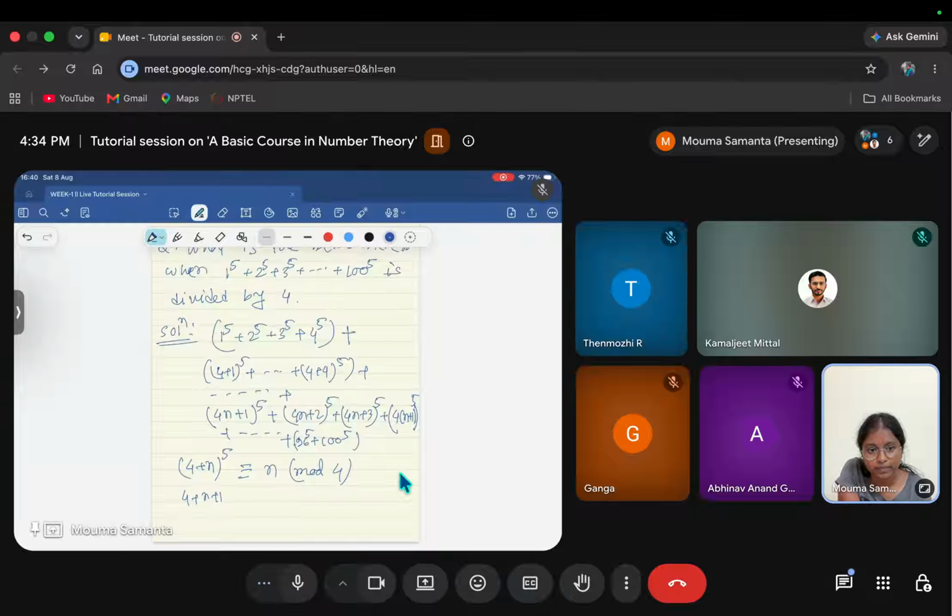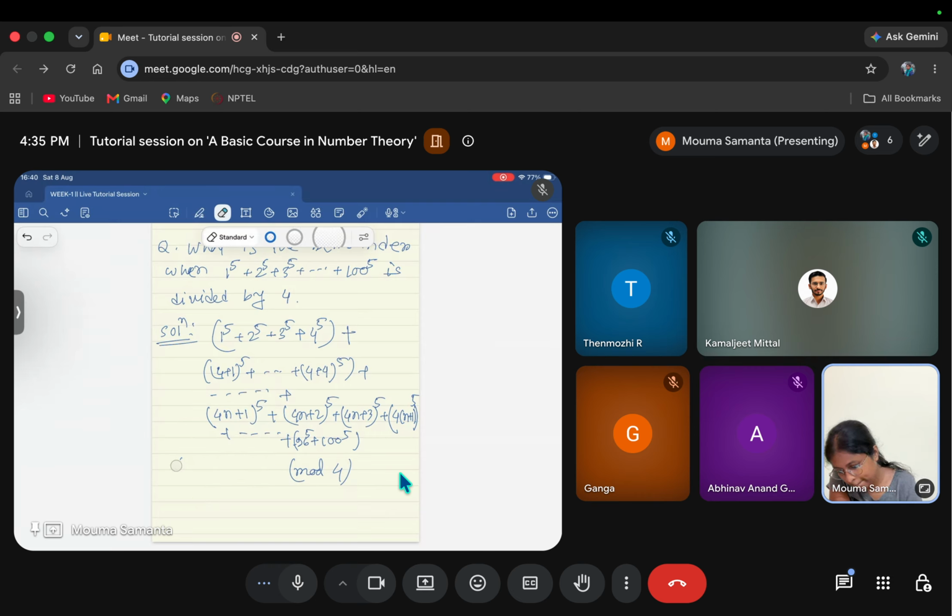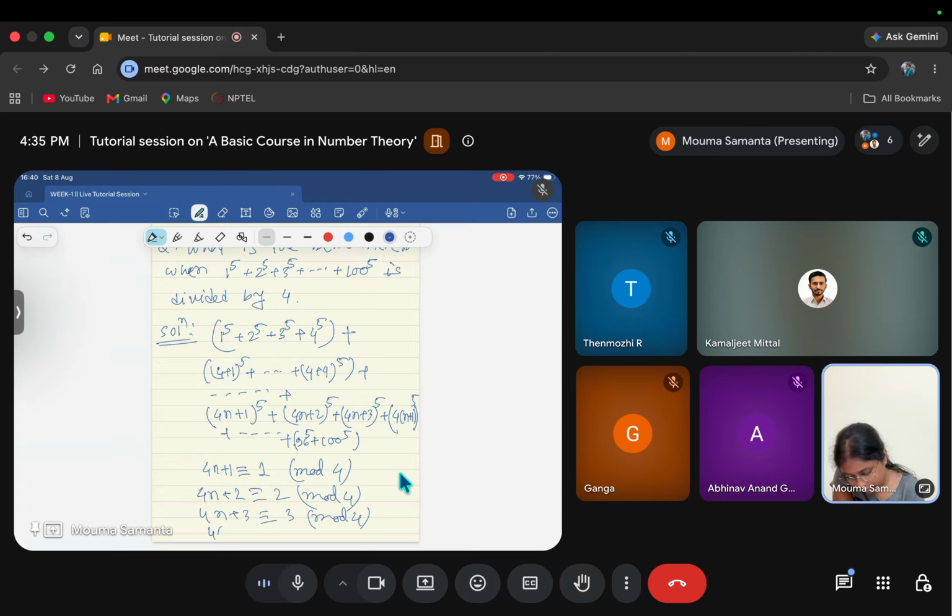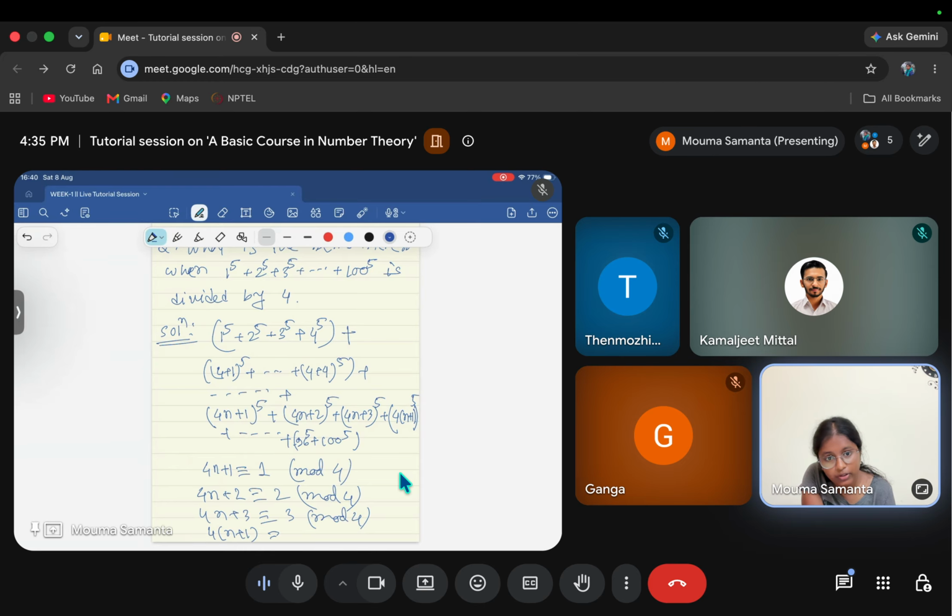Okay, so now see: 4n plus 1 is congruent to 1 mod 4, 4n plus 2 is congruent to 2 mod 4, 4n plus 3 is congruent to 3 mod 4, and 4 into n plus 1 is congruent to 0 mod 4.